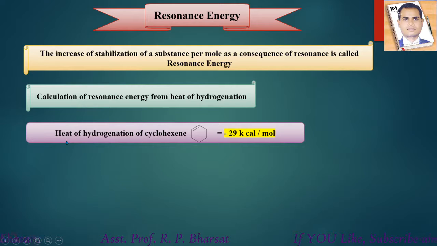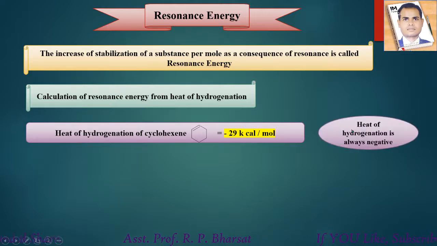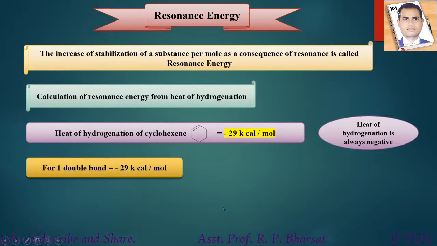The heat of hydrogenation of cyclohexene is given, that is minus 29 kilocalories per mole. The heat of hydrogenation is always negative. For one double bond in cyclohexene, minus 29 kilocalories per mole energy is given.